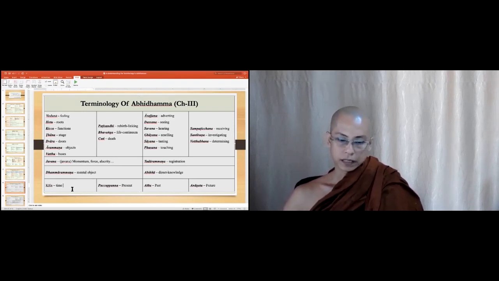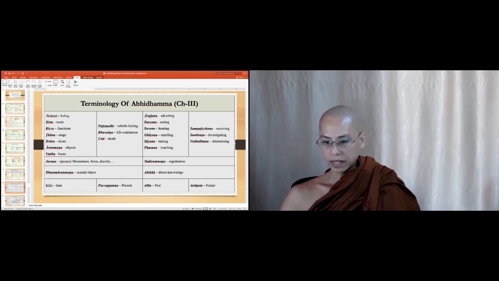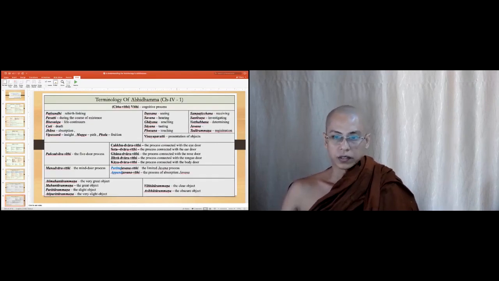Then Kala is time. Kala can be divided into 3: Paccuppanna, present, Atita, past, and Anagata, future. Just to know. When we come to chapter 4, this is the cognitive process, which is called Vithi, Citta Vithi.